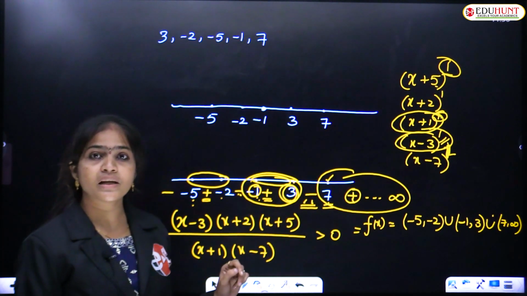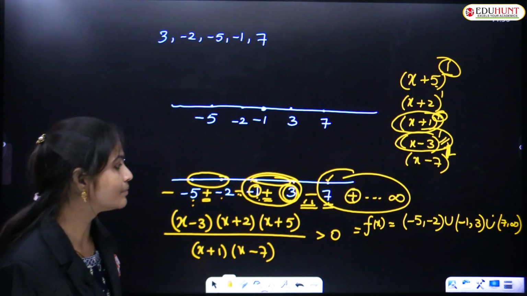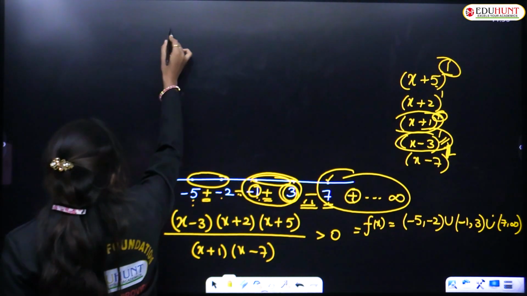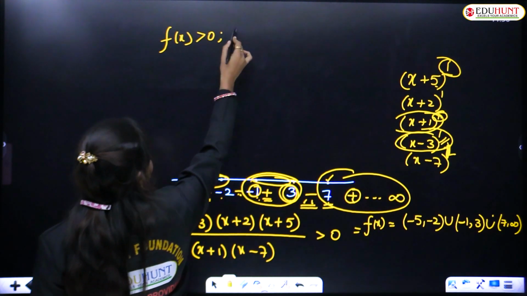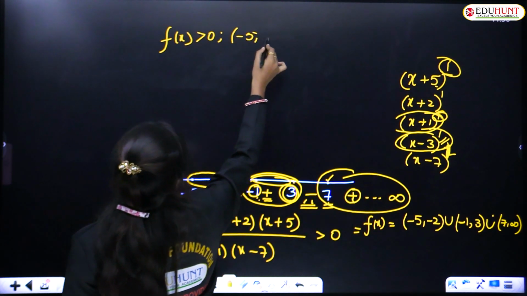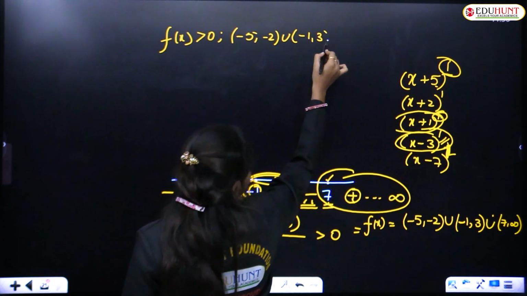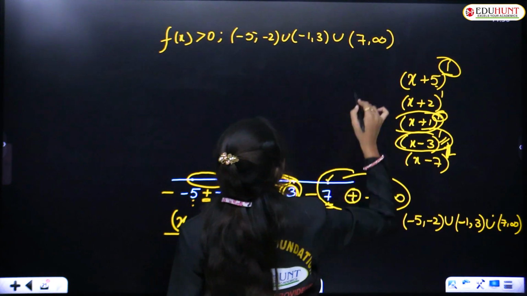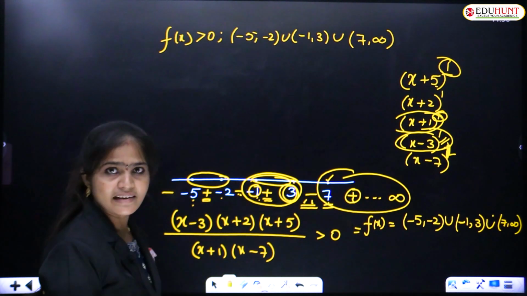Understand how to write? Union means those values are also there. We already learnt that in the sets concept, right? So f of x greater than 0 gives the intervals minus 5 comma minus 2 union minus 1 comma 3 union 7 comma infinity. That is for greater than 0.